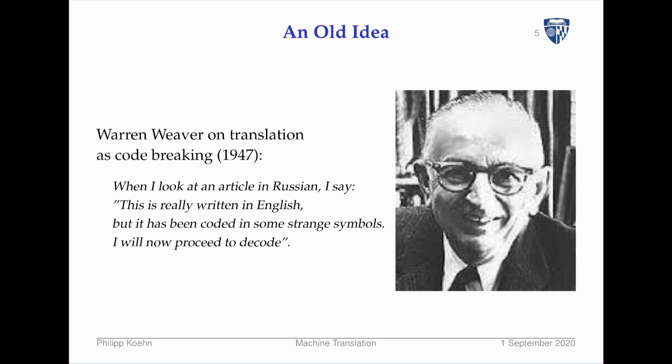So after the war, the same people looked at the problem of translation, saying, "Hey, this is actually quite a similar problem." The exact quote is, "When I look at an article in Russian, I say, this is really written in English, but it has been coded in some strange symbols. I will now proceed to decode." So you see some of the jargon that is being used here.